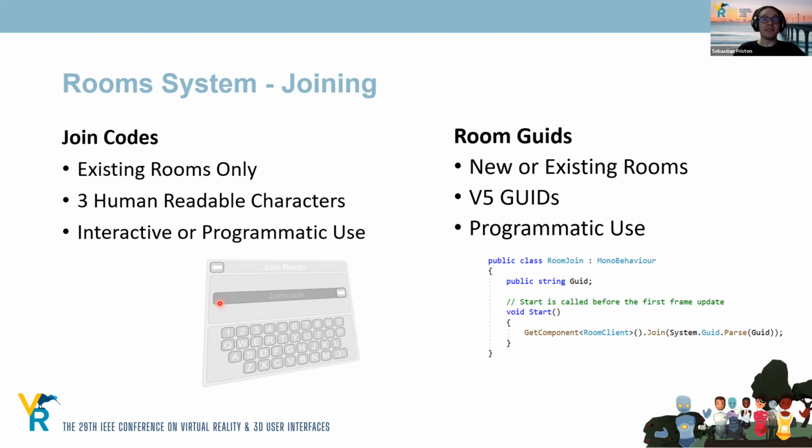In scalability tests, we use these V5 GUIDs to create new rooms procedurally as users moved around a very large space. So users would move into different cells, which were defined with a fixed point to the origin shared by everyone. And users in the same cell would actually end up joining the same room, all without any information having to be explicitly communicated, either between users or from any particular authority.